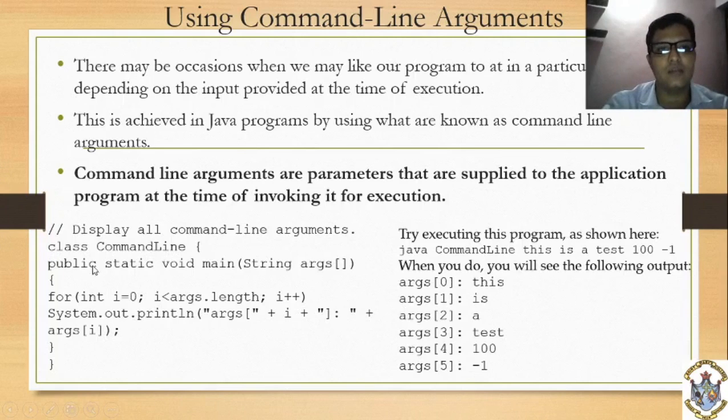Class CommandLine, main method. Afterwards I am directly writing a for loop here. Observe: for (int i = 0; i < args.length; i++). Then where we are extracting these args, please observe in your main method: args.length, args[i], and so on.